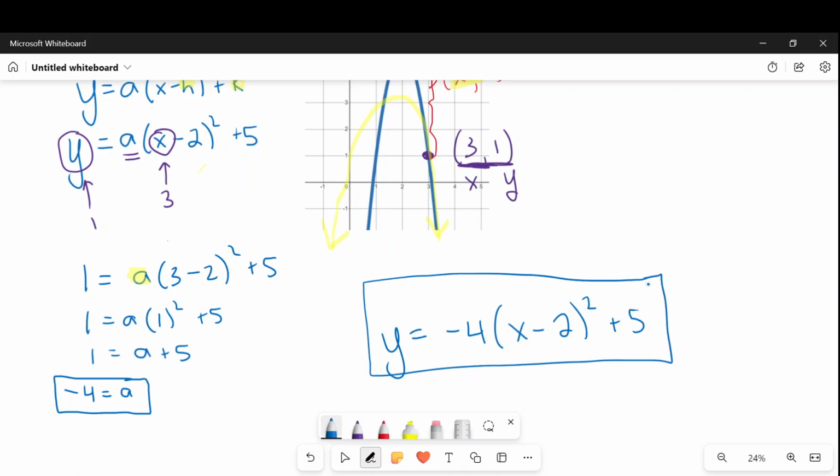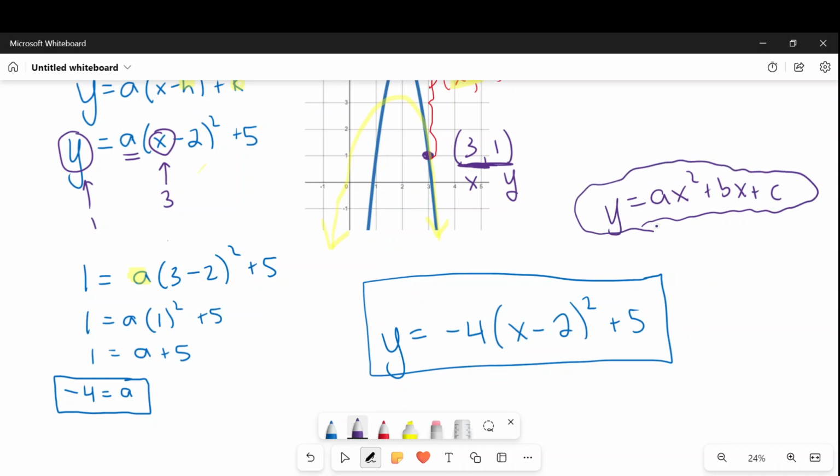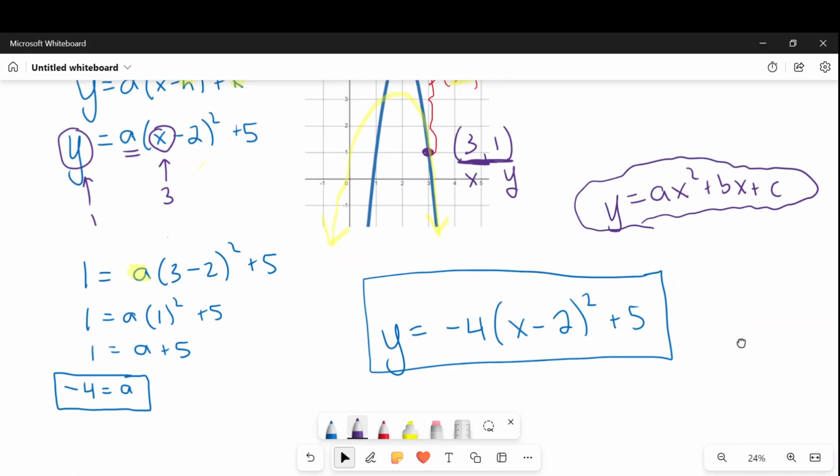But now the question also says that I need to rewrite that into standard form. So standard form is where we expand this and collect like terms so it looks like y equals ax squared plus bx plus c. That's what standard form looks like. So let's go ahead and do the algebra there.